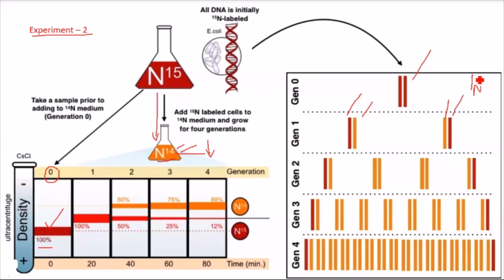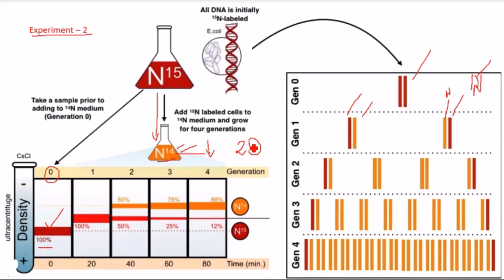Then they allow the first generation to produce the second generation within 20 minutes. The duration of the replication of E. coli is only 20 minutes. So within 20 minutes, they produce the next generation. The DNA of the second generation is isolated and centrifuged, and they observe the strand formation like this.